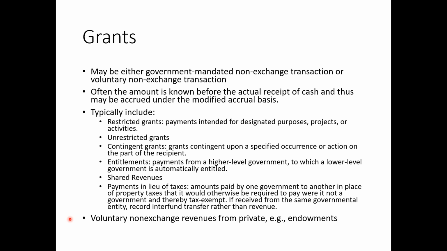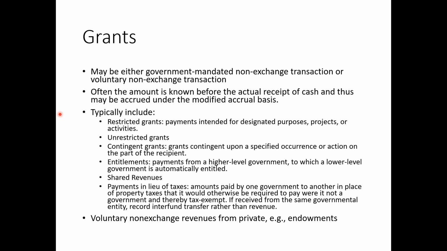Next, grants. So grants may be either government-mandated non-exchange transactions or voluntary non-exchange transactions, and we know their difference, right? Often the amount is known before the actual receipt of cash, and thus may be accrued under the modified accrual basis.